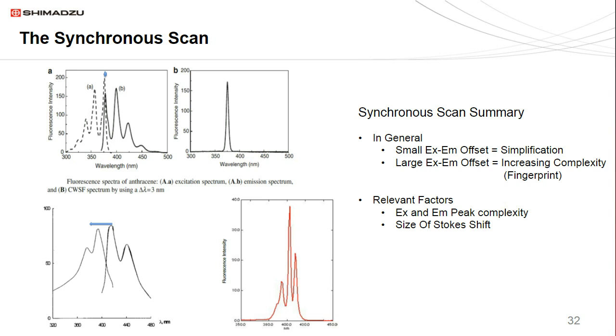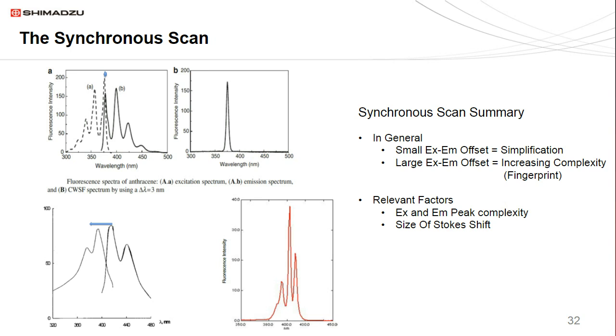Larger offset synchronous scanning results in increasing complexity or a fingerprint. In the bottom, you can see there's a blue arrow there showing that a larger delta lambda, or as you increase the delta lambda, it's as if you shifted the emission spectra to the left or to a shorter wavelength, indicated by the blue arrow.